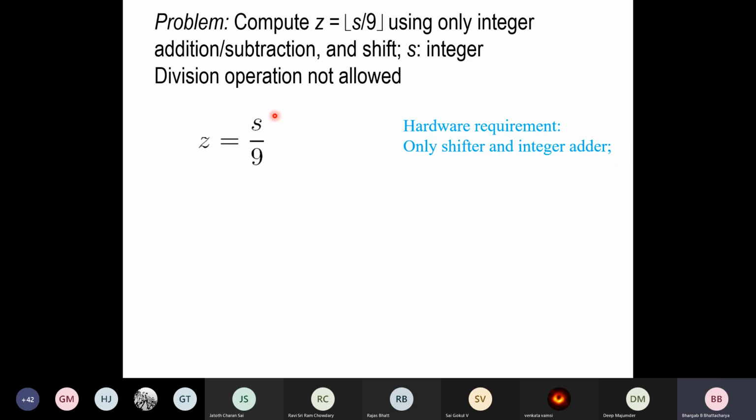Of course, this would be approximated, because if I want to divide by 9, this is going to be a floating point operation anyway, right? How do I approximate using integer addition and shifting? Instead of S by 9, suppose I give you S by 8, then it would have been easy.